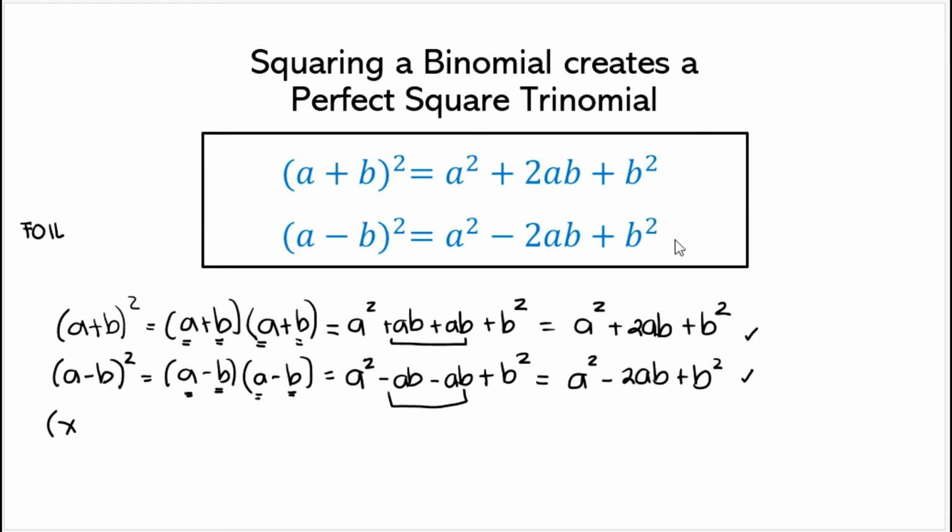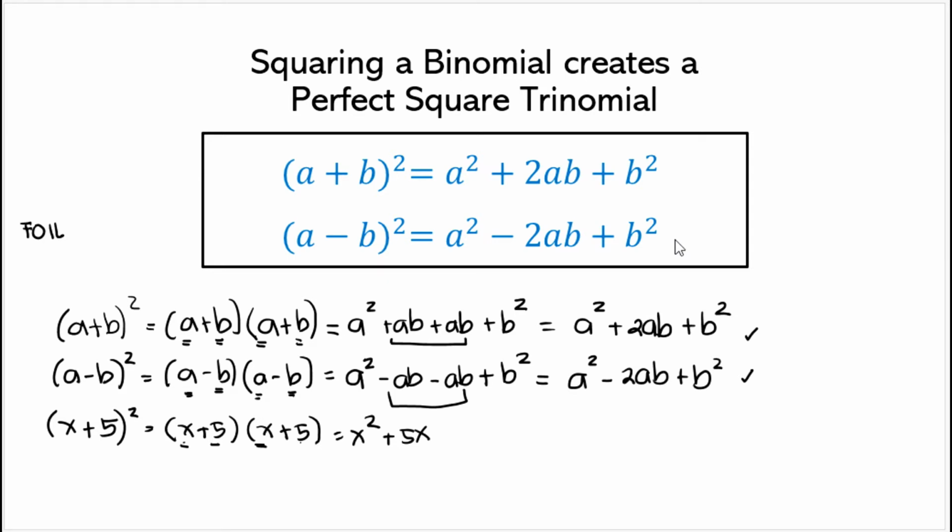Another example, let's say we have x plus 5, and that binomial is to be squared. So that means we have x plus 5 times another x plus 5. Applying that FOIL method, x times x is equal to x squared. X times 5 is 5x.